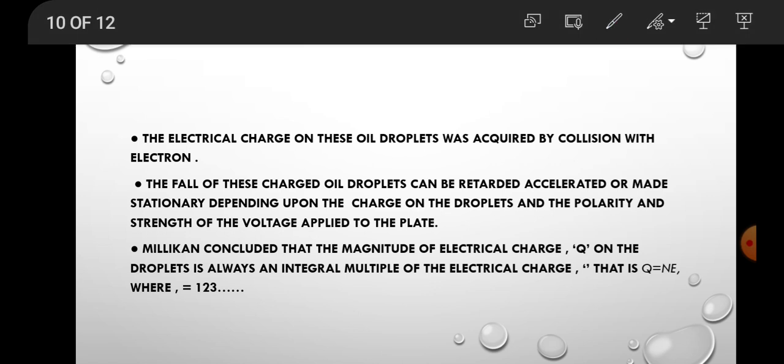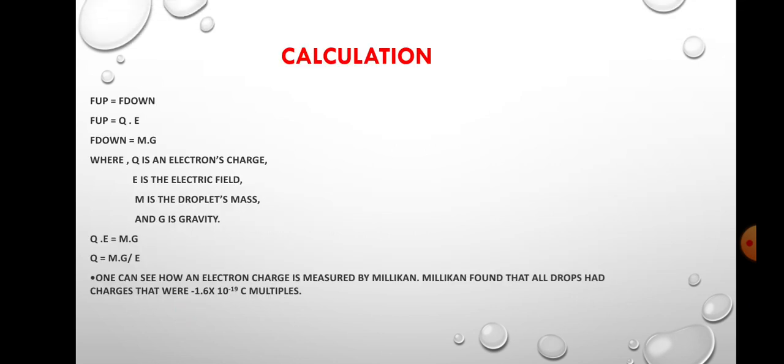That is, q equals n e. Here, I forgot to write, where n is equal to any integer, 1 to 3. Here are the calculations for this. Now, when the drop is floating in balance, the forces are equal.